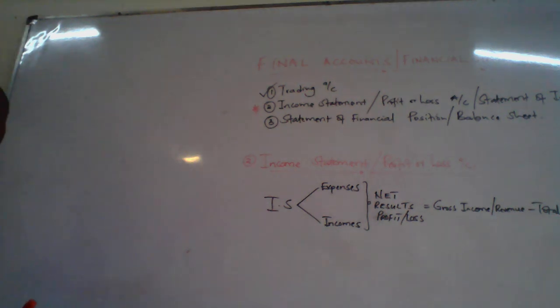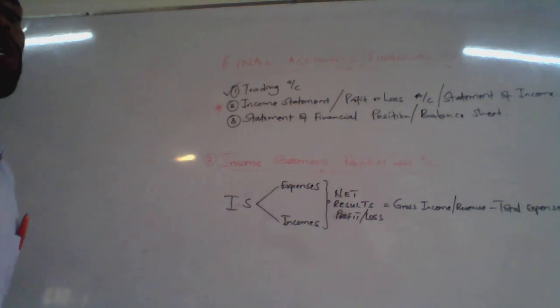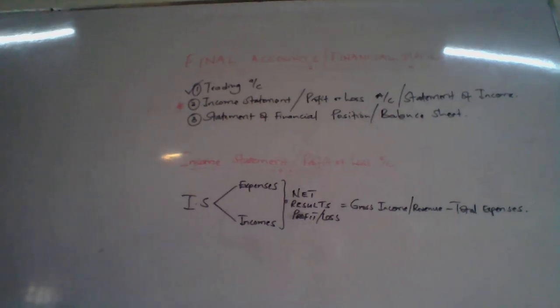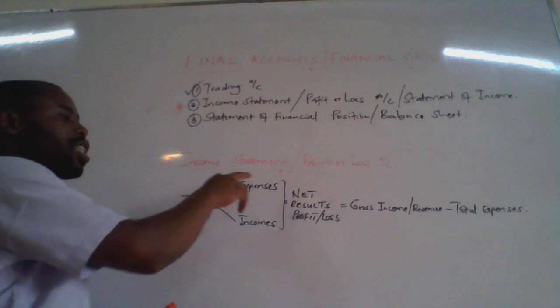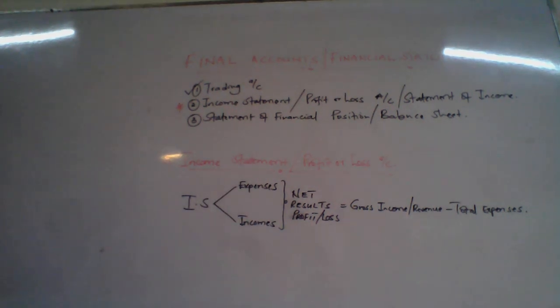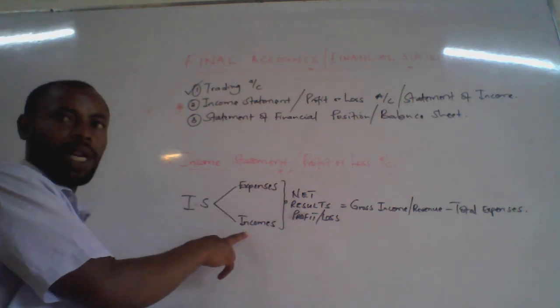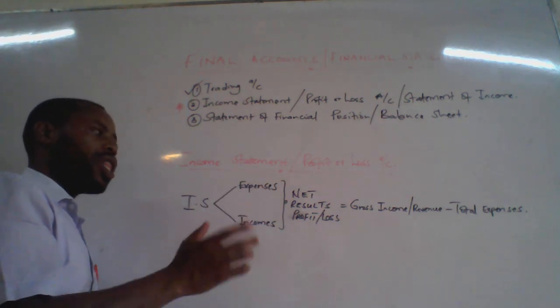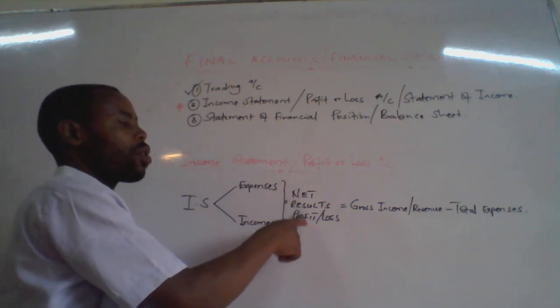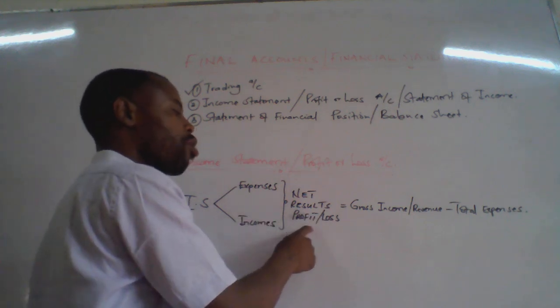So when you're talking about the income statement, you are simply talking about the expenses and the incomes. The expenses and the incomes are accounted for in an account known as a nominal account. Out of the expenses and the incomes, you determine the net results, which is either a profit or a loss.